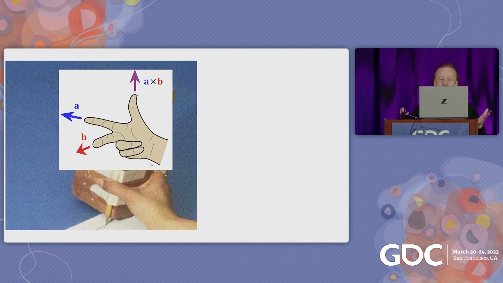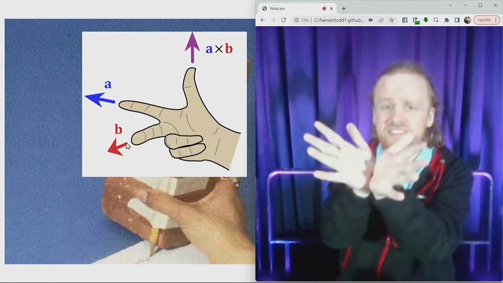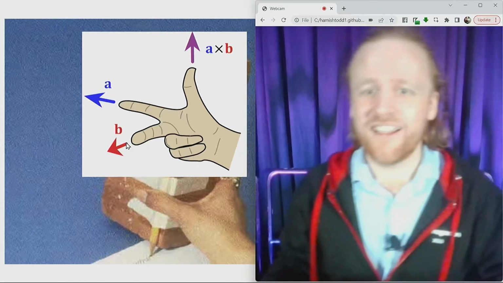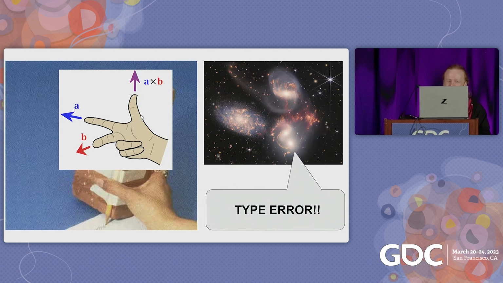The cross product transforms in an inconsistent way. It's a mathematical dead end because it doesn't have a proper connection to group theory. And if you put in A and B, A and B could be planes, and then what you really want is the intersection of those two planes. So I think that when somebody uses the cross product, the universe should scream type error.